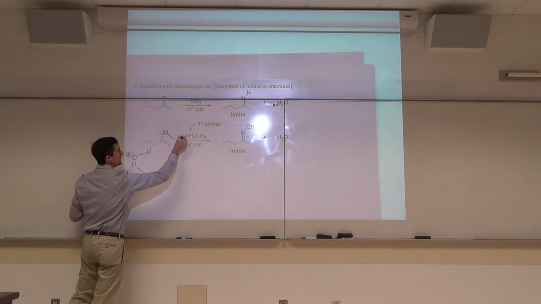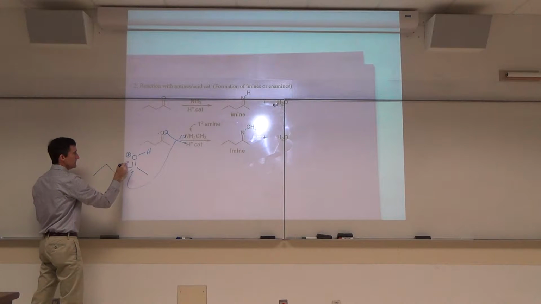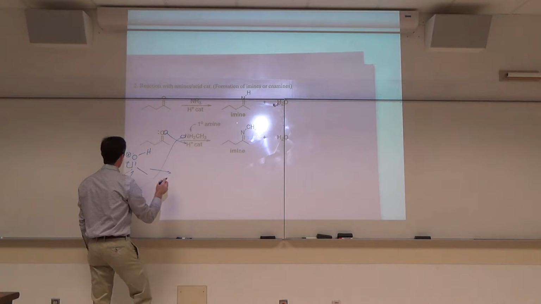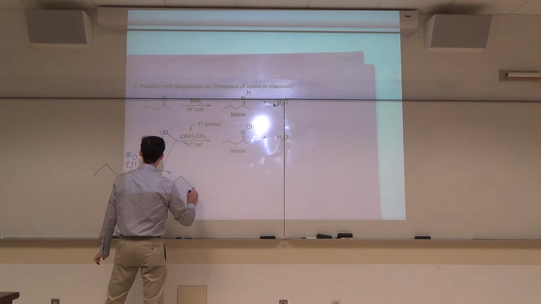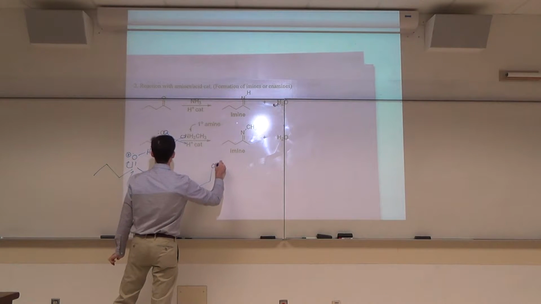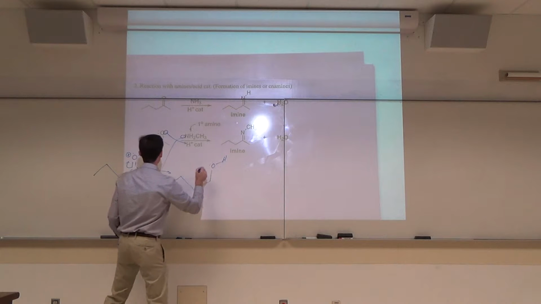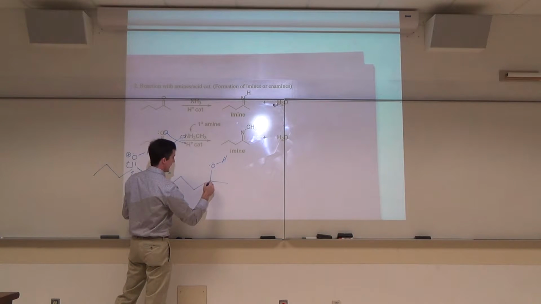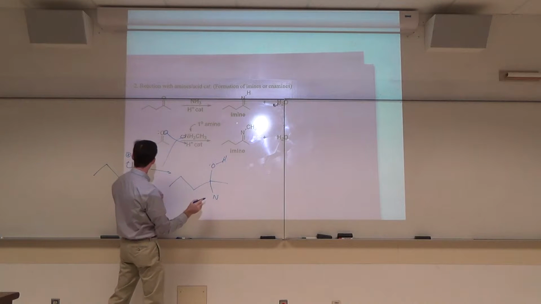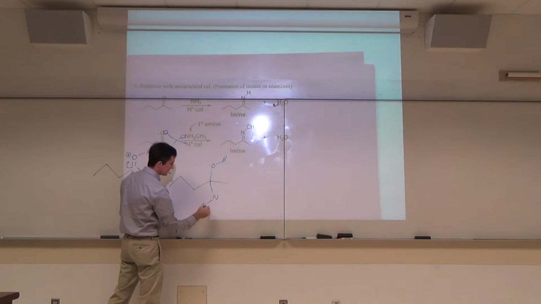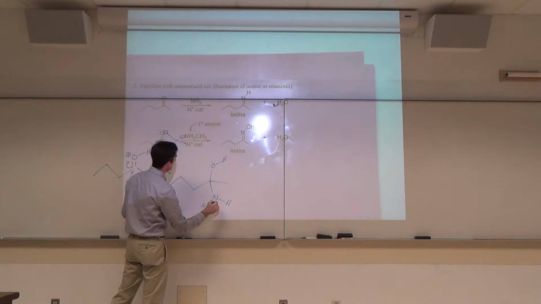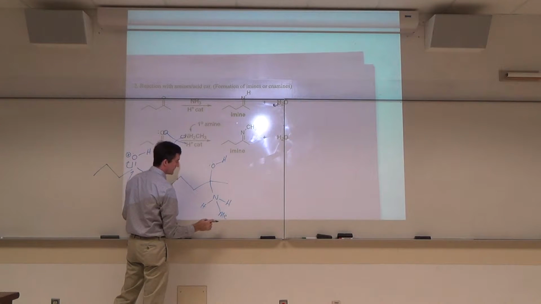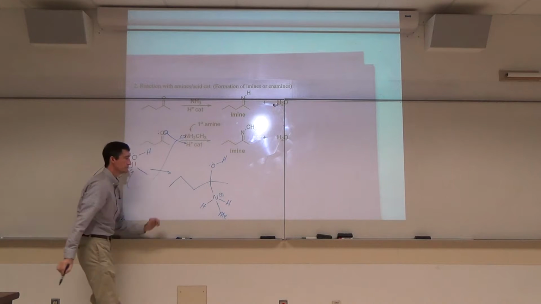Or we can just bring in the nucleophile and do nucleophilic addition. Give that oxygen what it wants. And now nitrogen's bonded there, and there's two H's, and there's a methyl. And that's a plus charge.